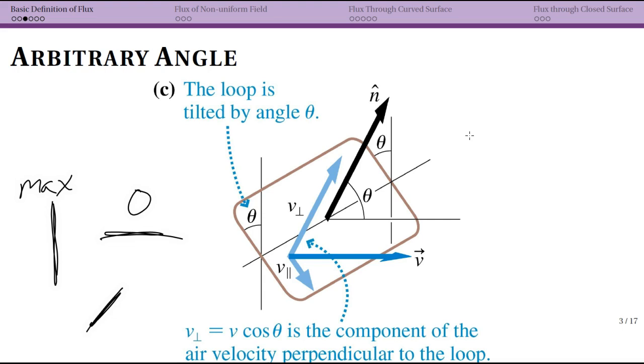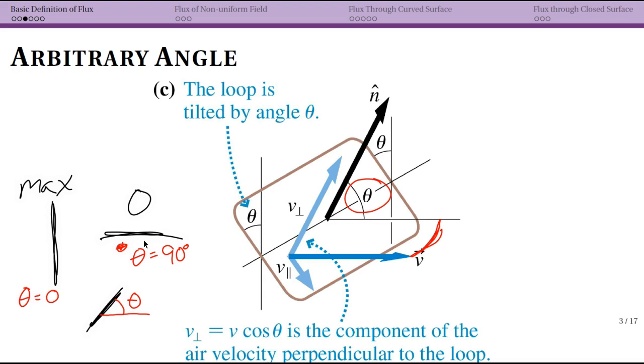In this case, the angle we're looking at is between the airflow, this direction, and the normal. We're looking at this angle, theta. In the maximum case, theta equals 0, and in the minimum, the 0 case, theta equals 90 degrees.